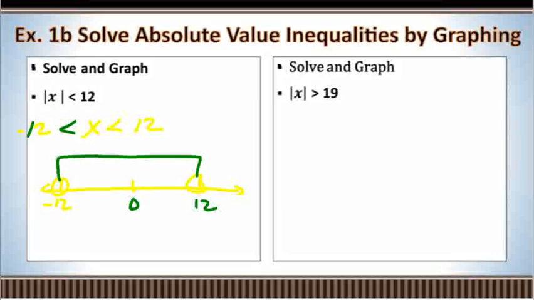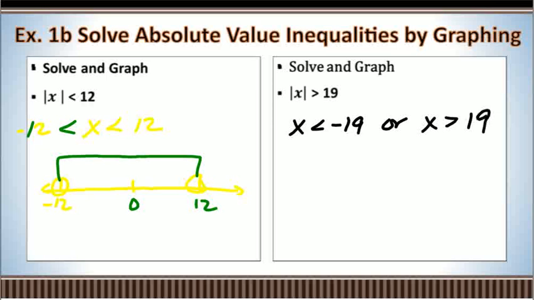Next, solve and graph this one. This is a disjunction because it's greater than. So if it's more than 19 steps in either direction, more than 19 to the left would be less than negative 19, or more than 19 steps to the right would have to be greater than 19.